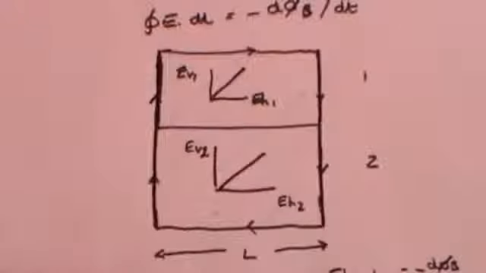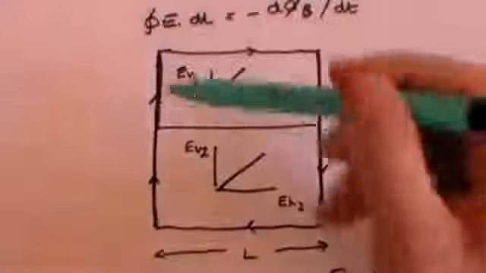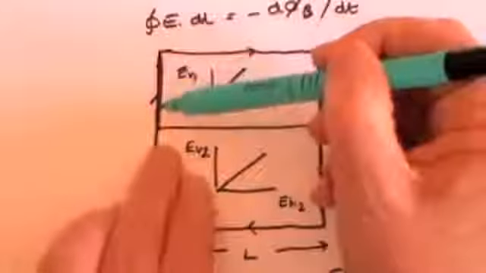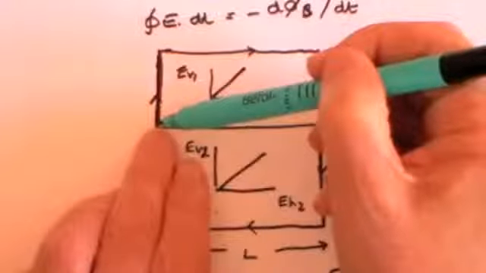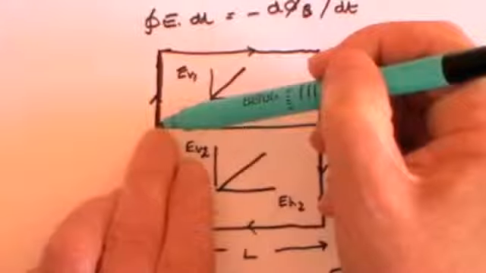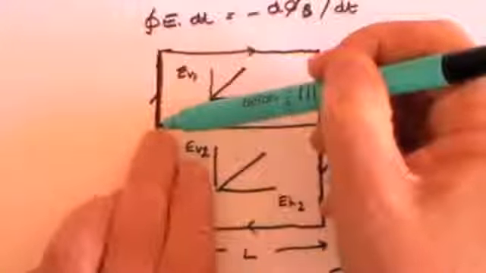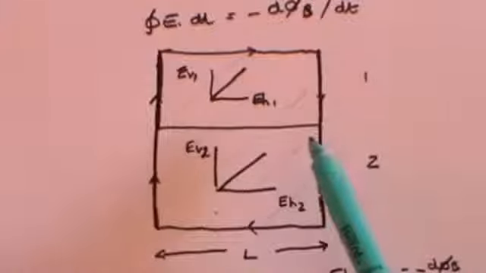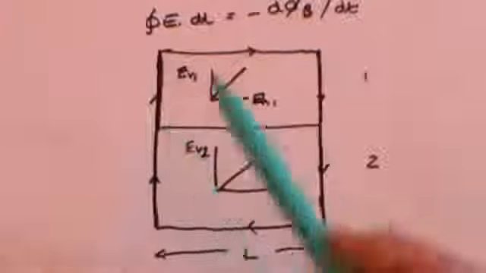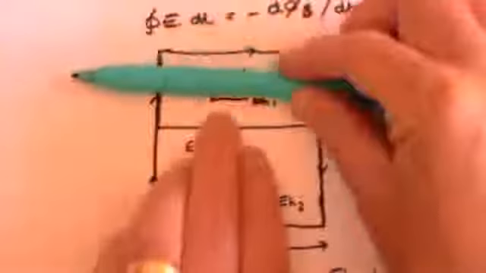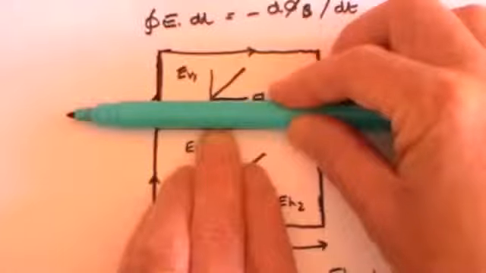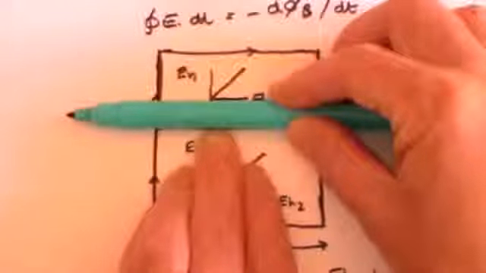Now we're going to do exactly the same thing as we did before. We're going to shrink the path so that it becomes infinitesimally small at the surface. If we do that, what is the area associated with that path? Answer, 0. There is no area because we have shrunk this down to just essentially a straight line, or at least a rectangle that is infinitesimally small.